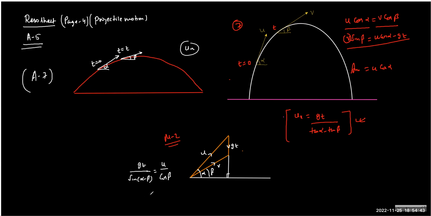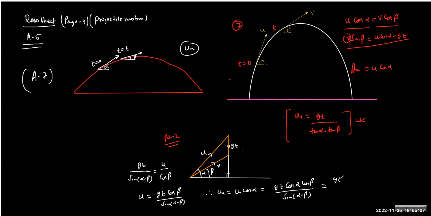So U turns out to be how much? Rest is not required. Therefore UX equals U cos alpha, so GT cos alpha cos beta upon sin alpha minus beta.